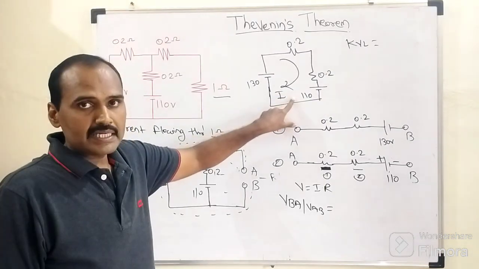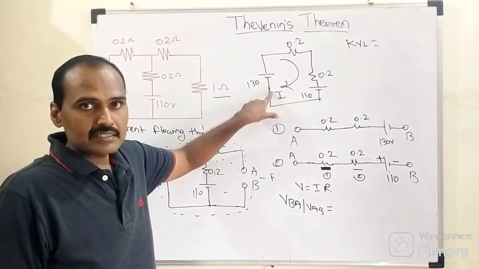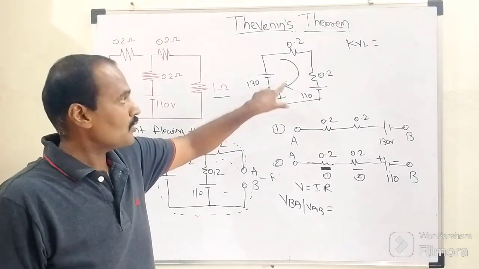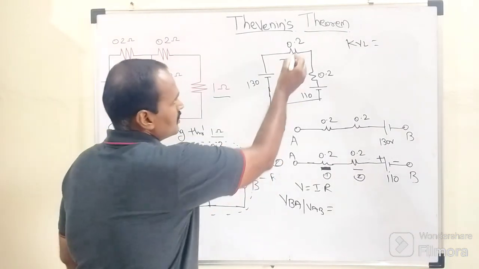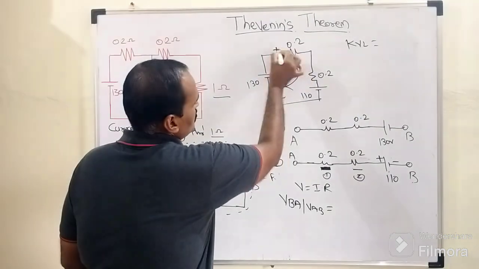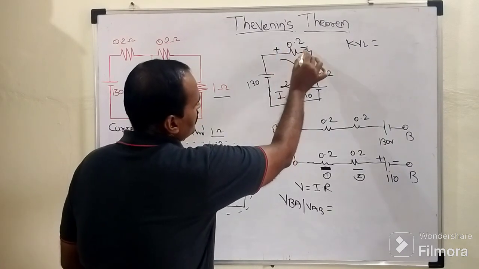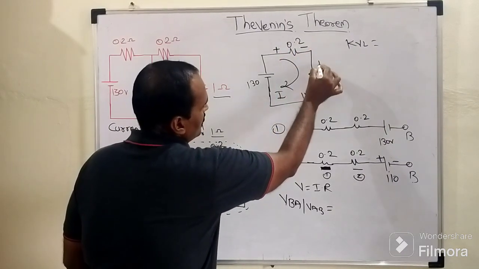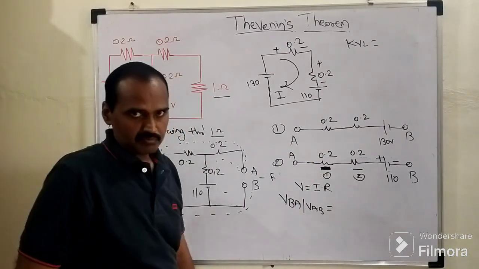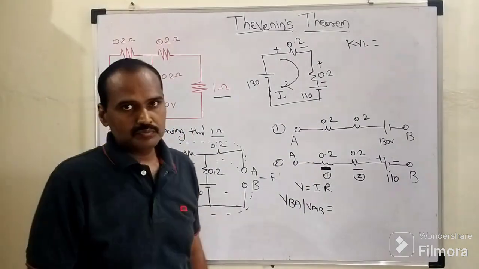As far as this loop is concerned, the direction of current is clockwise. So accordingly, this total current flows through the resistor connected in the horizontal arm from left to right, positive to negative. Here from top to bottom, positive and negative.